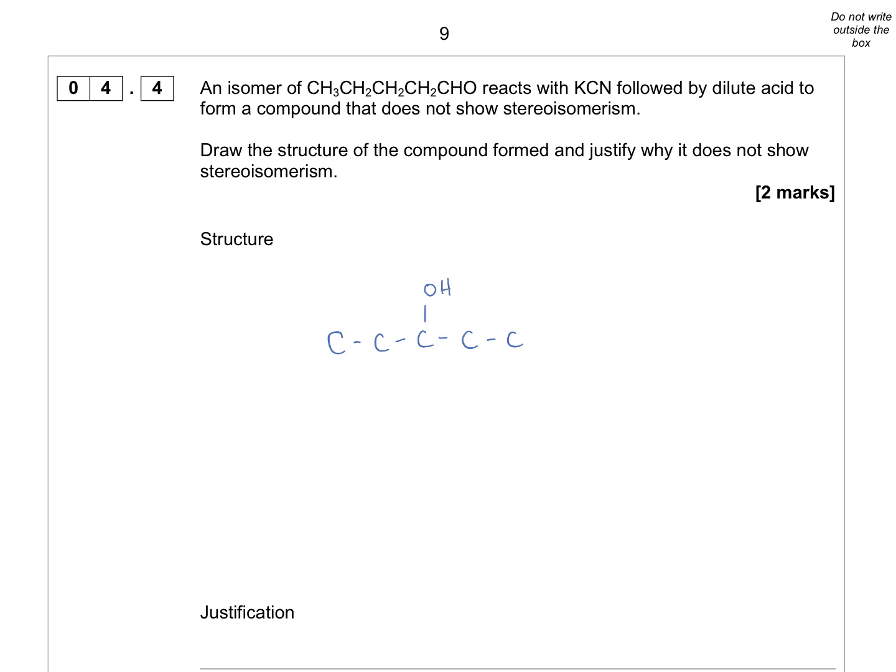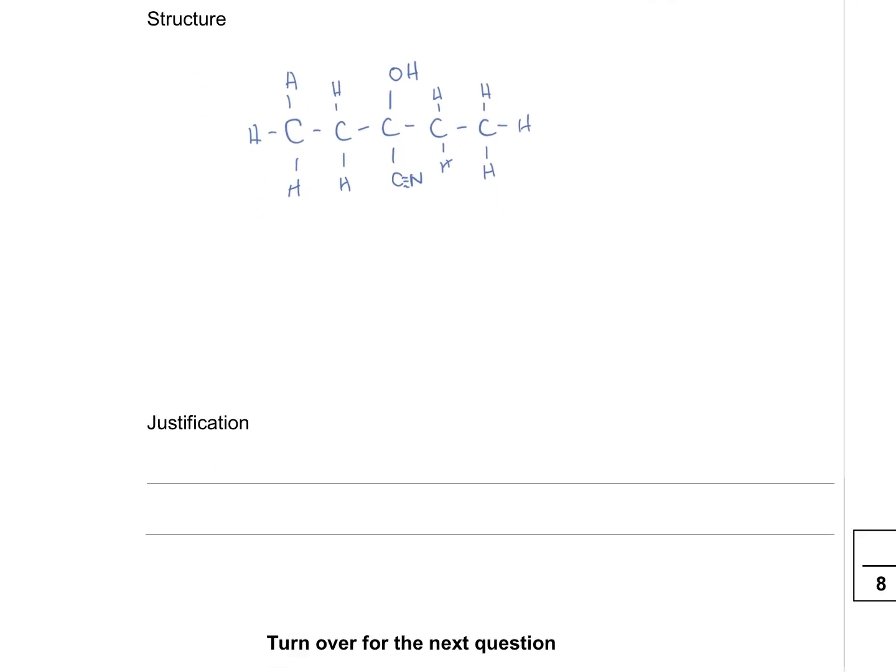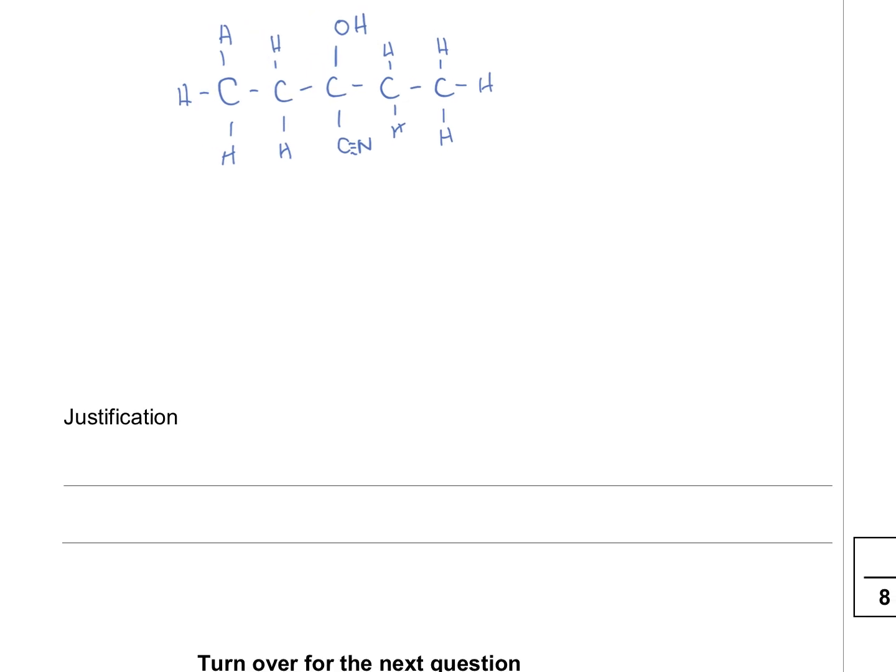So if we suggest that the isomer that we start off with has the carbonyl group on the central carbon, then when it is attacked by the cyanide, you end up with the hydroxy group and the nitrile group both on the middle carbon, but because you've got an ethyl group on either side, it no longer has 4 different groups around the carbon and no longer has a chiral carbon atom.